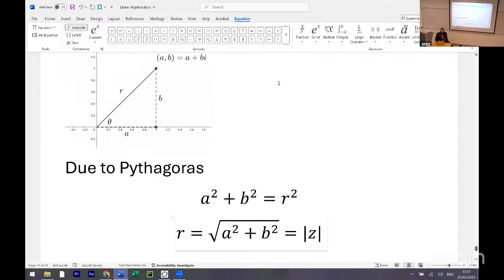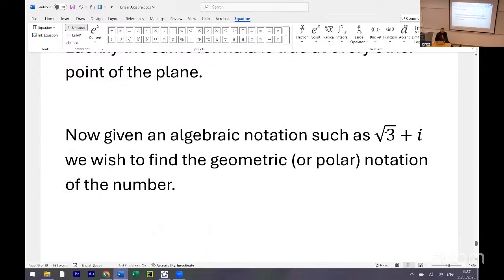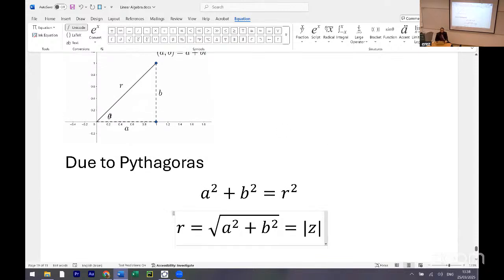So in our example, the number is the square root of 3 plus 1 times i. So if I square the square root of 3, it's 3, plus 1 is 4, the square root of 4 is 2. That's the actual distance, and that's what we saw. What about the angle? How can I find the angle given a and b? The cosine rule? So theoretically, you can find r and use it. It's not the best method.